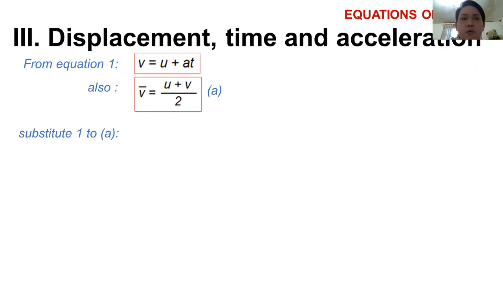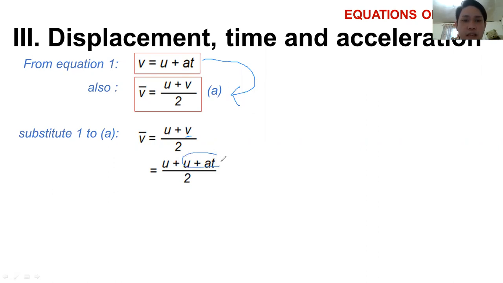Then we will substitute equation 1 into equation A, which is average V equals U plus V all over 2. We substitute equation 1 into equation A, so your V here becomes U plus AT.